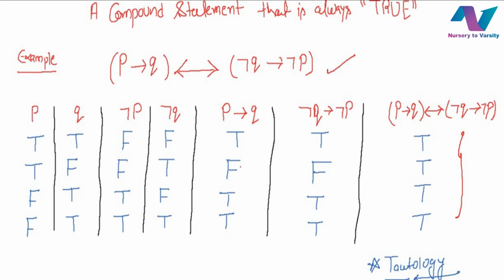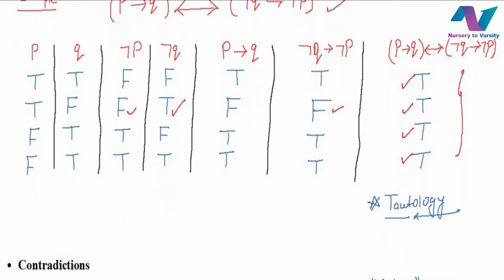Next, for negation of Q implies negation of P, we take these columns, and if it is T implies F, then the value is F. After giving the equivalence symbol to both propositions, we get all true in our last column. So this is about tautology: the truth table contains only the truth value, capital T.